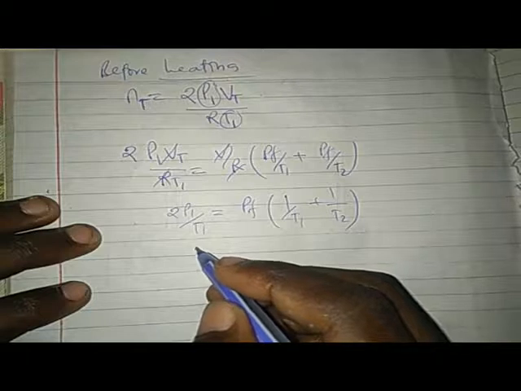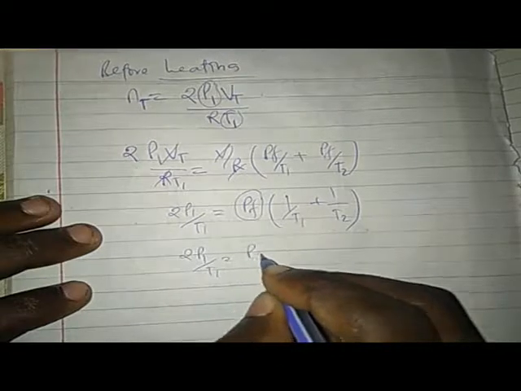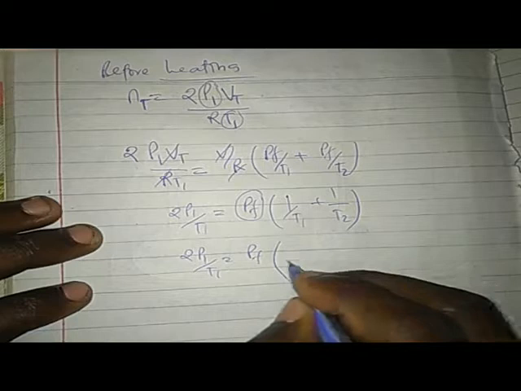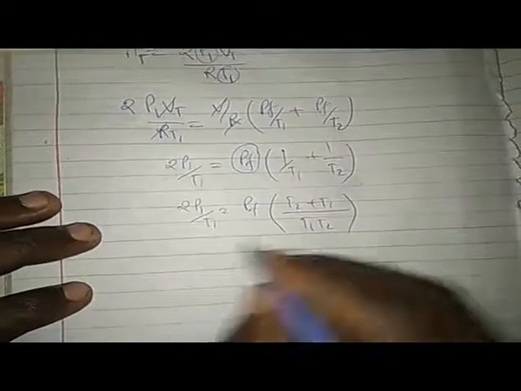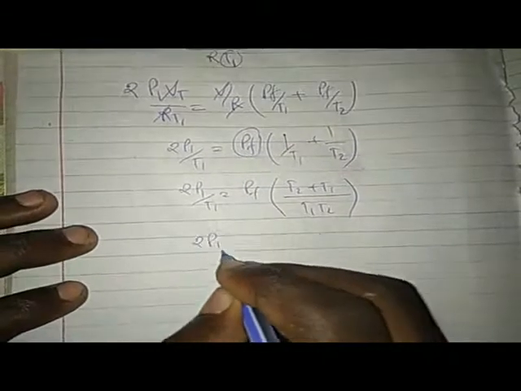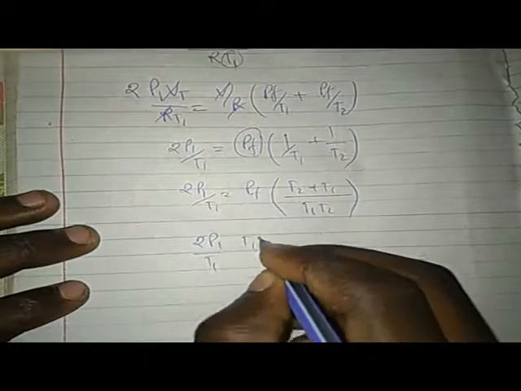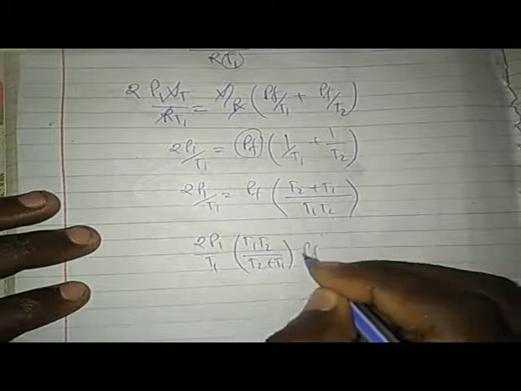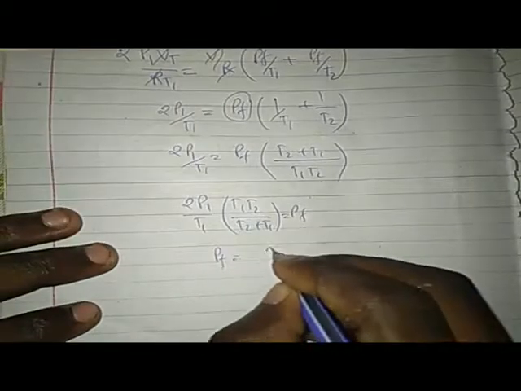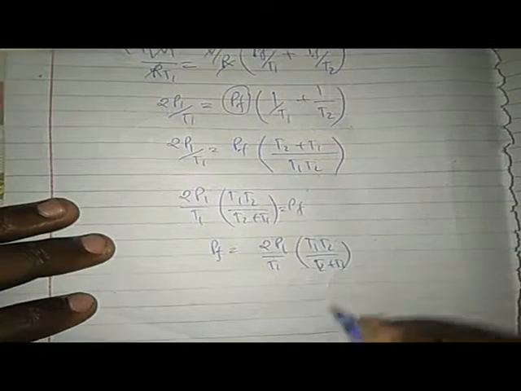Now we can just do the calculation, looking for the final pressure. 2 P1 divided by T1 is equal to P final, then the inner calculation, which is the addition of fractions, will be T2 plus T1 divided by T1 T2. So P final will be equal to 2 P1 divided by T1, then T1 T2 divided by T2 plus T1.